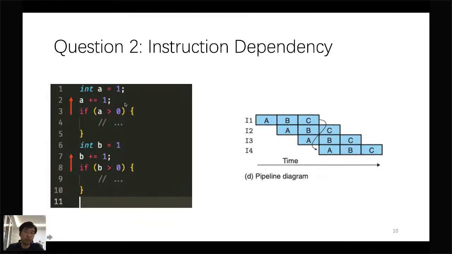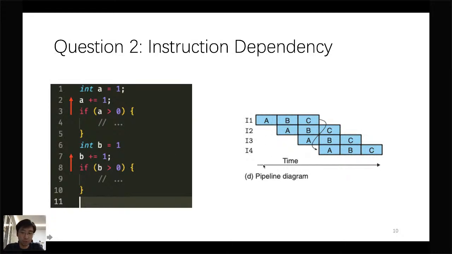And if the CPU faithfully executes the instructions in such order, it needs to wait, because it takes time for the code of line 2 and line 7 to update the value of A. And then the line 3 code will need to wait for the finish of the line 2 code.